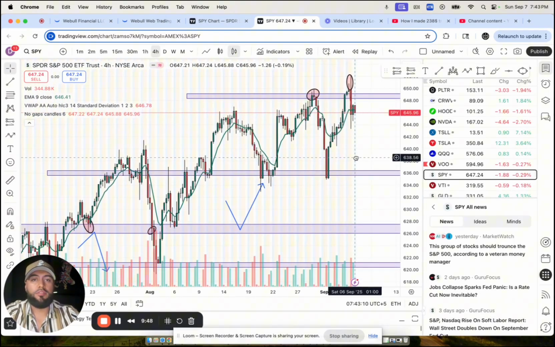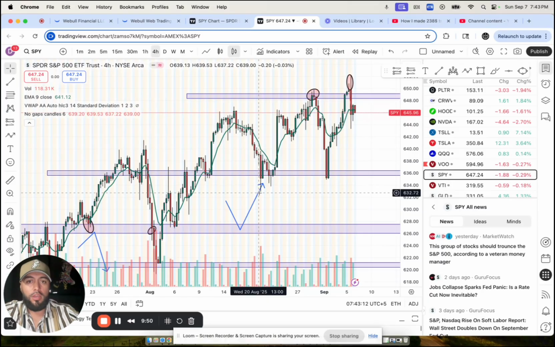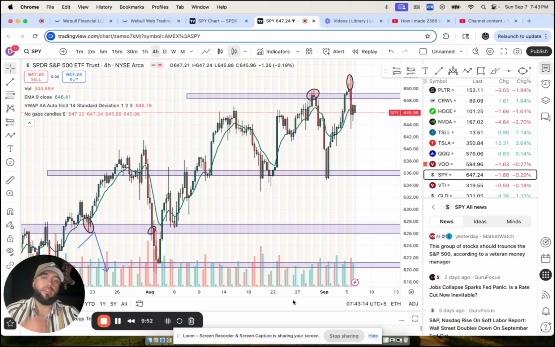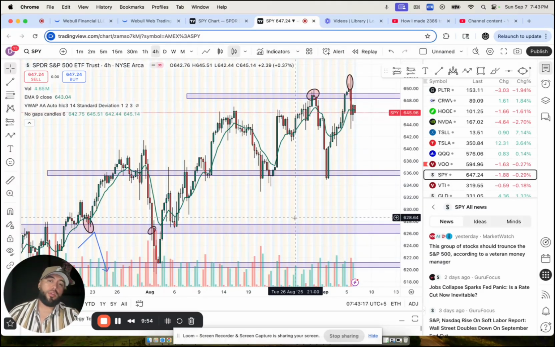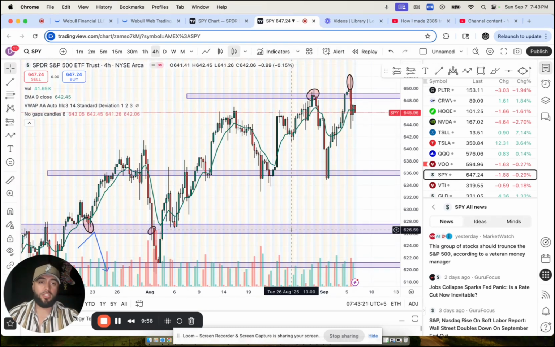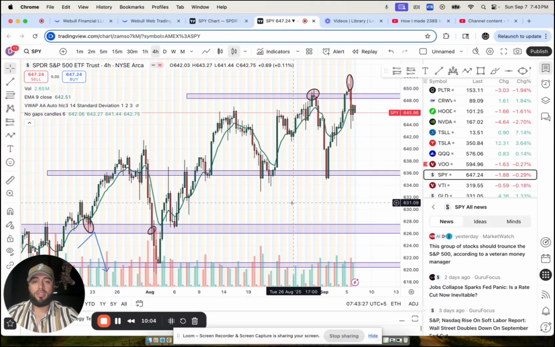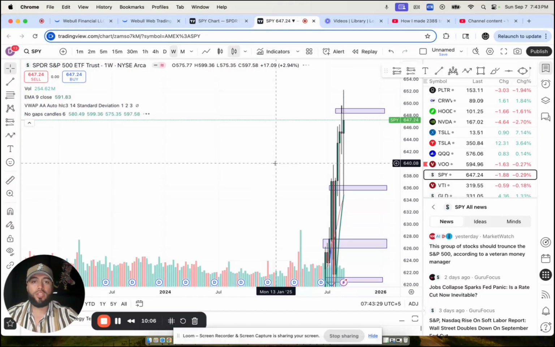So I like to look at the daily, at the 4 hour, and the 1 hour time frames for psychological levels, for areas of interest, for support and resistance levels. The weekly is just giving me an overall direction of where the stock is and where it's going.